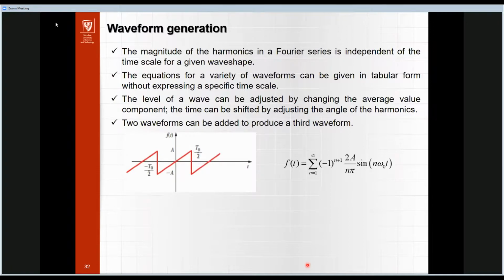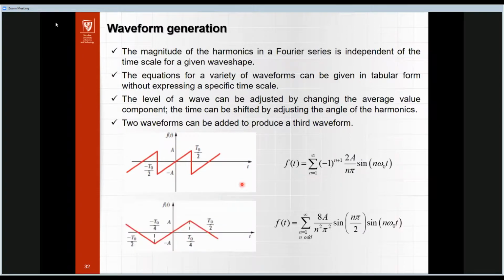For example, for this signal we have such an expression, and sometimes this expression is connected with the n odd and even type. Maybe I omit this because we do not have time for it. I just give it to you because it is useful in practice or in the laboratory.